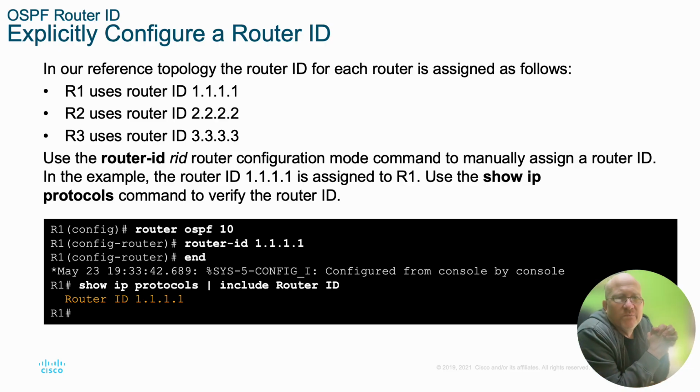And basically, if you are going to ensure that you're in control of the configuration, my advice to any student, to any network administrator, is put the router ID into the router OSPF process. If you do that, you know you're always in control.